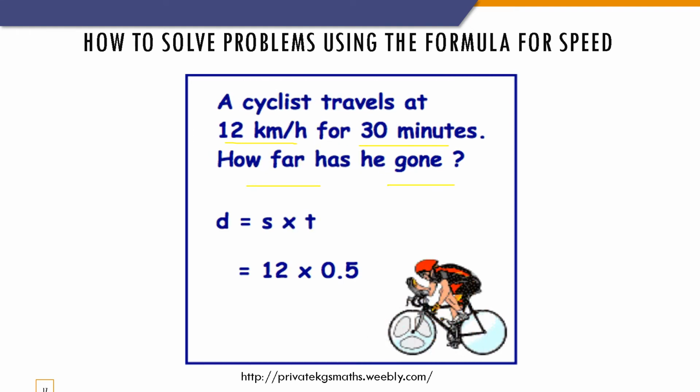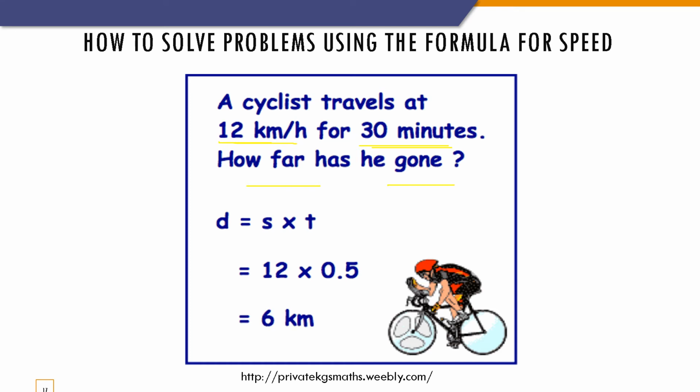Next, a cyclist travels at 12 kilometers per hour for 30 minutes. How far has he gone? Ang hinahanap po natin is the distance. We have to identify again the speed and the time. That is 12 kilometers per hour for the speed and 30 minutes for the time. So, 12 kilometers per hour times 0.5 hour.